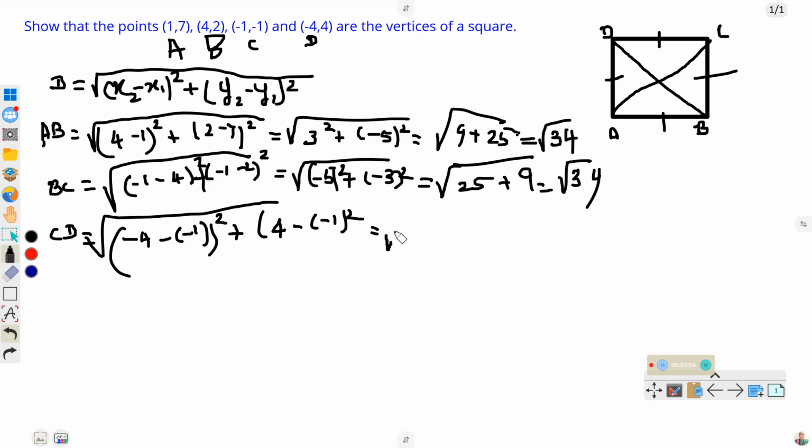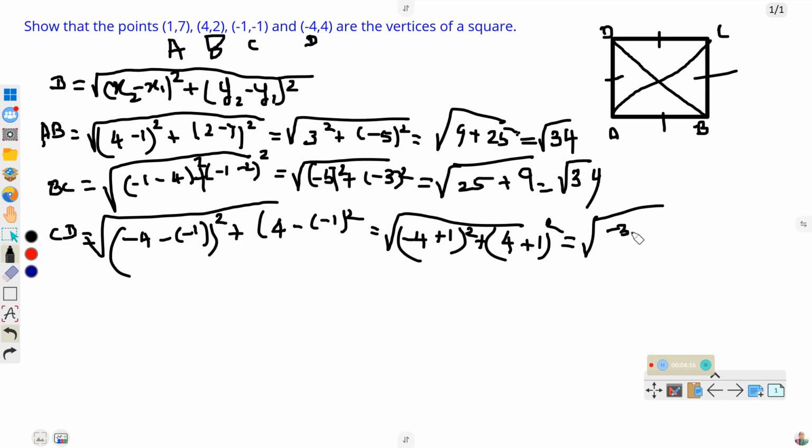Like this we will get. Then the square root of minus 4 minus of minus will be plus, plus 4 minus of minus will be plus. Then the square root of minus 3 whole square plus 5 square. Automatically it will also be 9 plus 25, root 34.